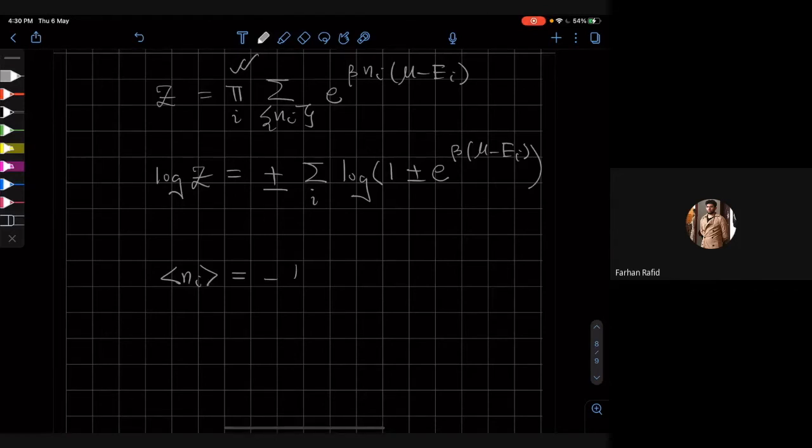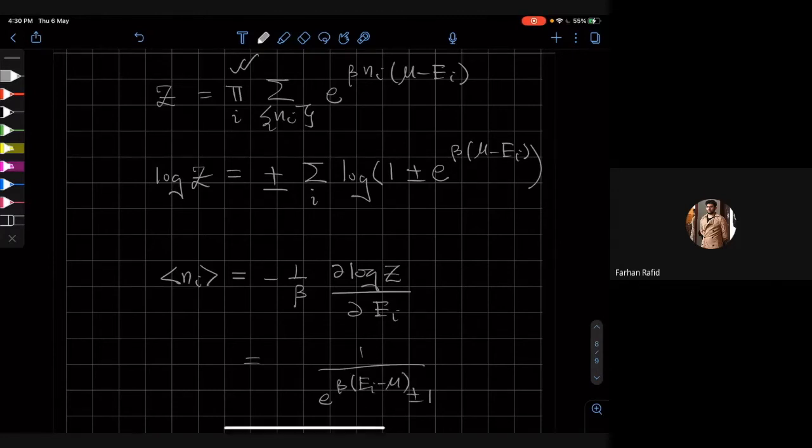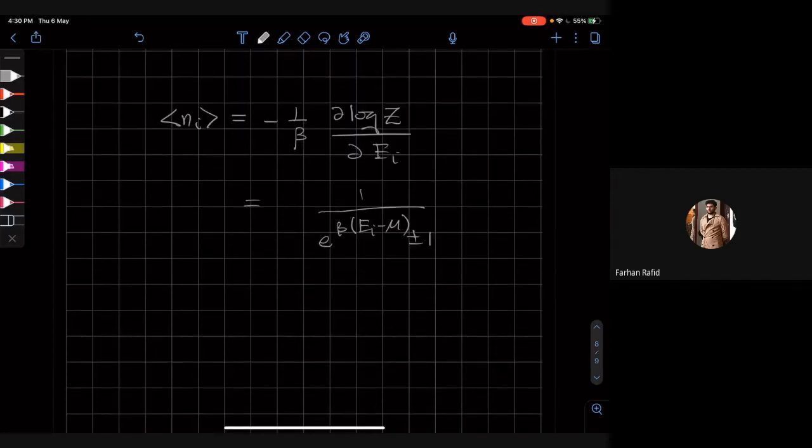That's given by 1 over β times the partial derivative of log Z. And after a couple of lines of algebra, it's just going to be 1 over e^{β(E_i − μ)} plus or minus 1. So what is this? This is just the average number of particles for a given energy, right?